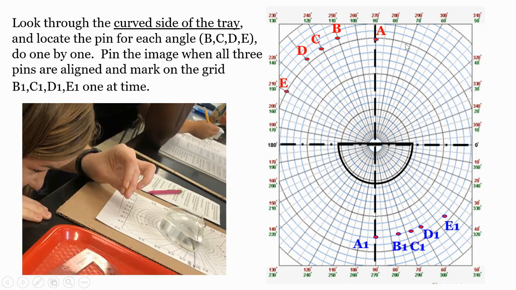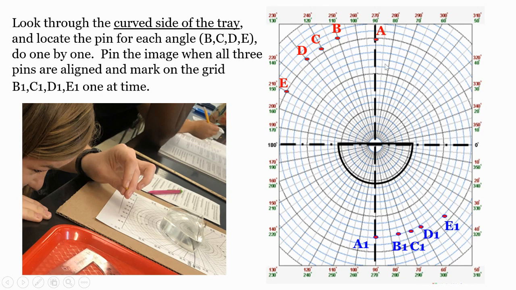So next, you are going to label all these marks A, B, C, D, and E. Now, what you are going to do is, one by one, you are going to look through the curvy side of this tray and align the pin from the other side with the pin that is marked right here by this flat side of the tray by the center, and you are going to find the corresponding image on the other side, but you need to look through the water.